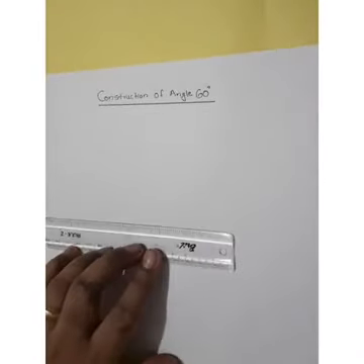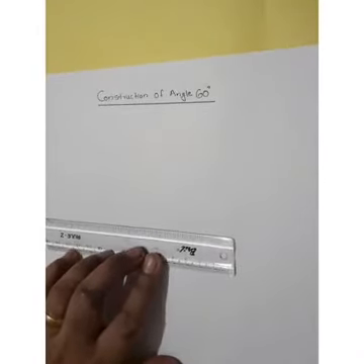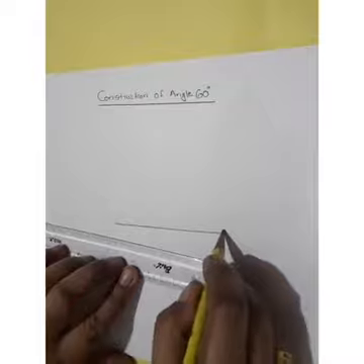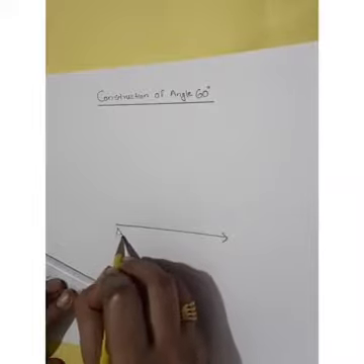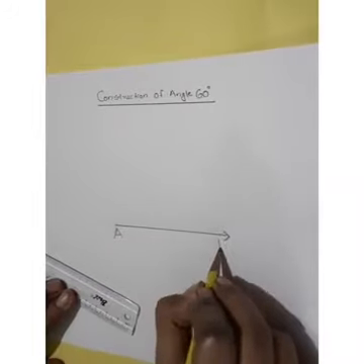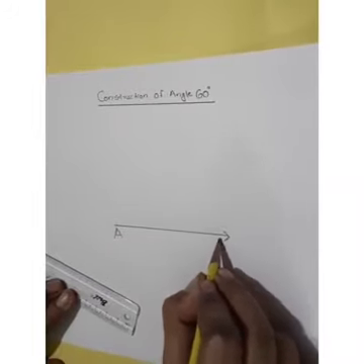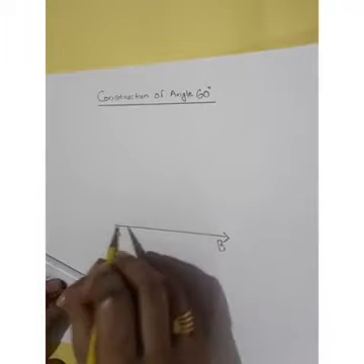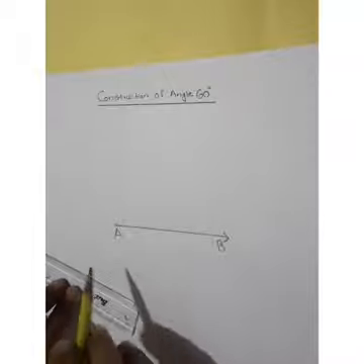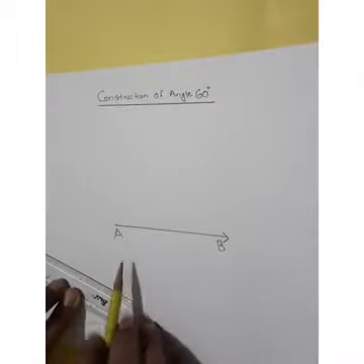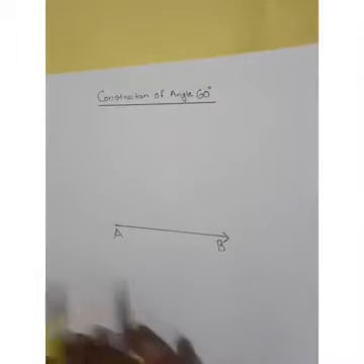So, this is a given ray, ray AB, and the initial point is A. Here you need to construct an angle of 60 degrees at the initial point A. How to do it?